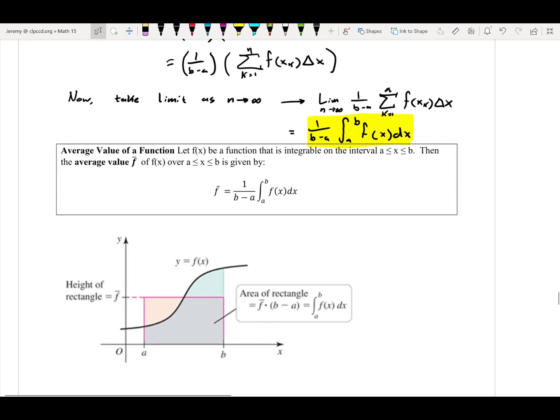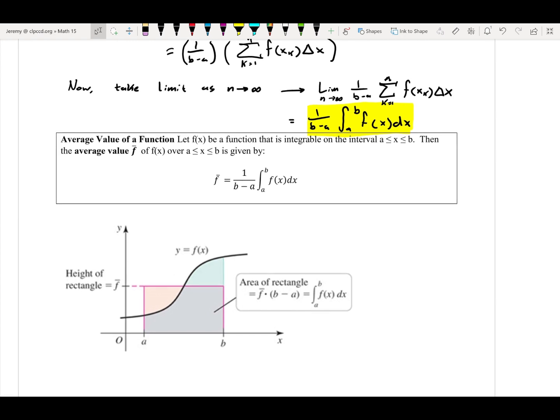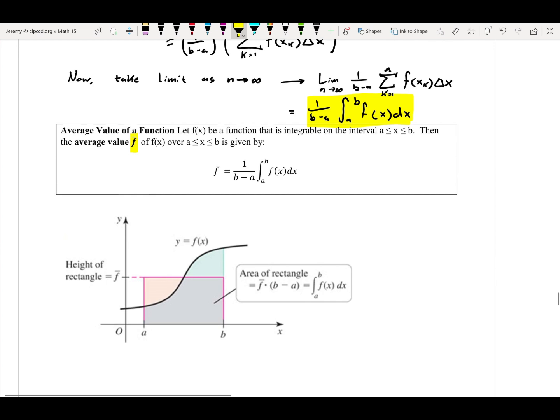And just spelling that out down here in this text box, the average value of a function: let f of x be a function that's integrable on the interval from a to b. Then the average value of f, and we put this little bar on the top, sometimes I'll call this f bar, of f of x over the interval from a to b is given by that formula we just derived, 1 over b minus a times the integral from a to b of f of x dx.